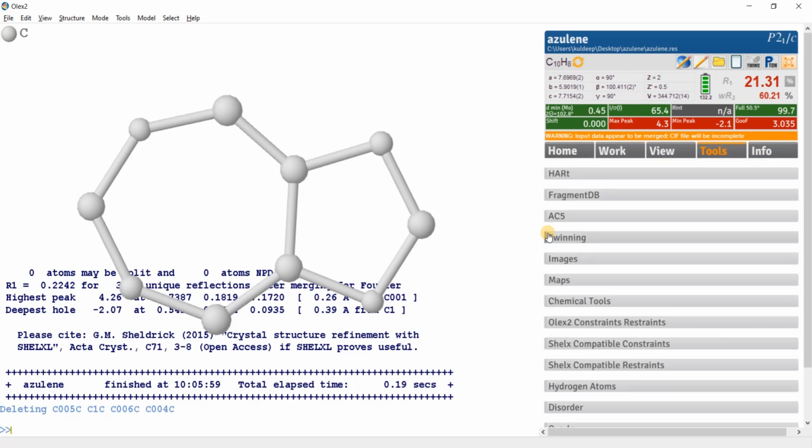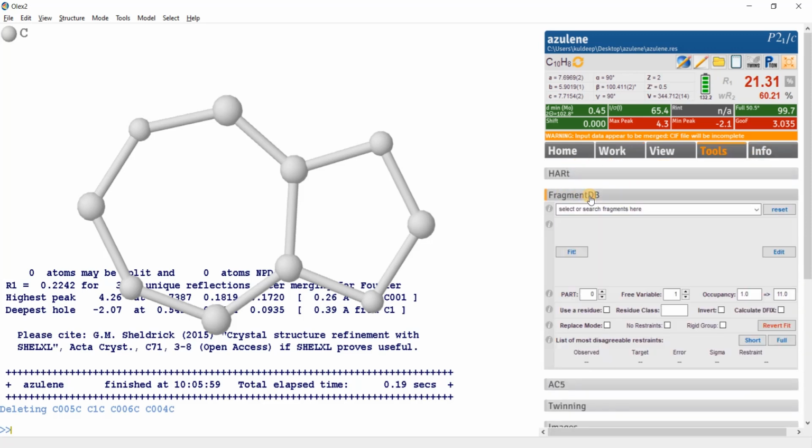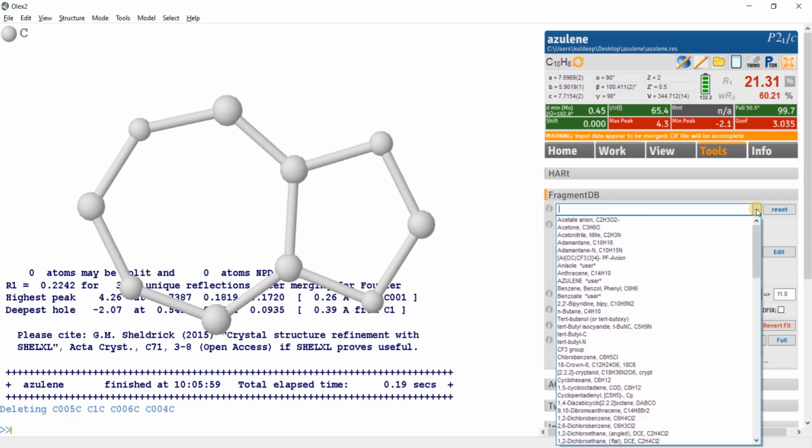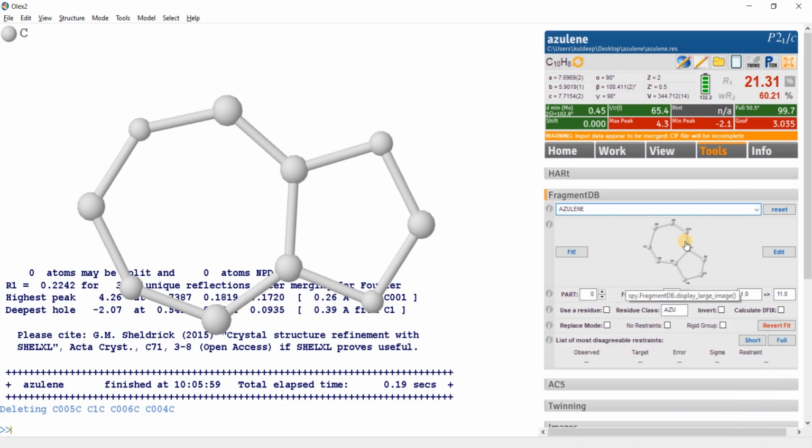For this, I will go to the fragment DB, and I am searching for the fragment azulene. Here azulene user, since it is not originally present in the database, I put it later as a database, so there is a name user behind this azulene. So just select this one.